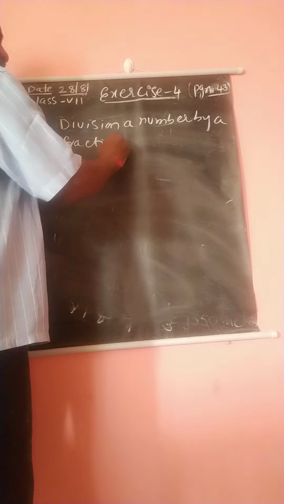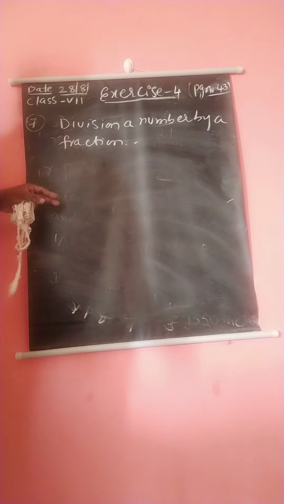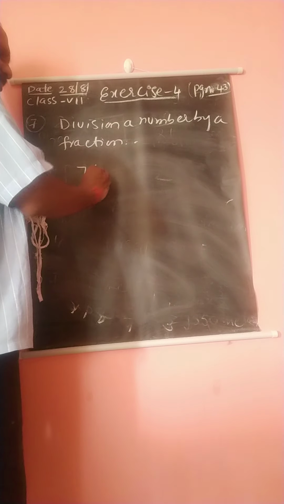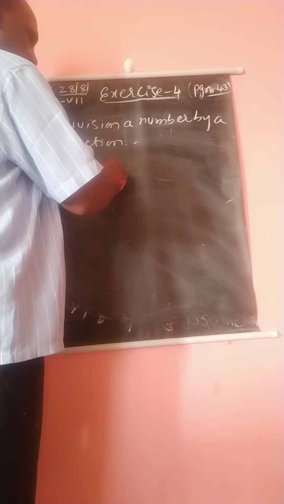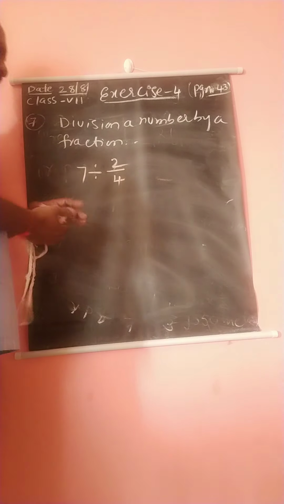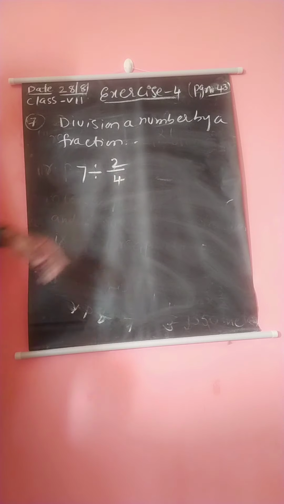How is it done? Look at it here. For example, 7 is a number, and the division is by 2 by 4. 7 divided by 2 by 4.